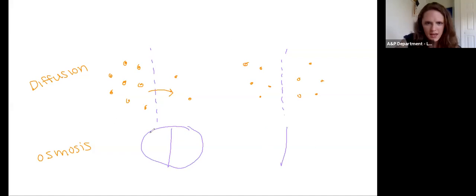Okay, so let's say I'm packed with molecules on one side. And on the other side, I just have a few. But this membrane is impermeable to solutes. It's only going to allow fluid to move.